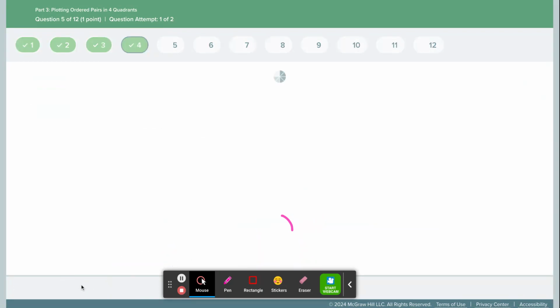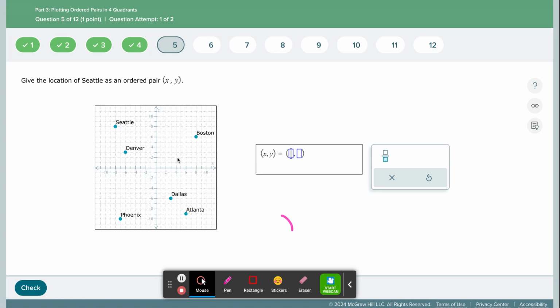Let's keep going, guys. All right, same thing. Give the location of Seattle as an ordered pair. Okay, so Seattle, where is it located? This is brand new because you've got all 4 quadrants, right? So hopefully you feel a little bit comfortable with it since you've watched my video, possibly have met with me already.